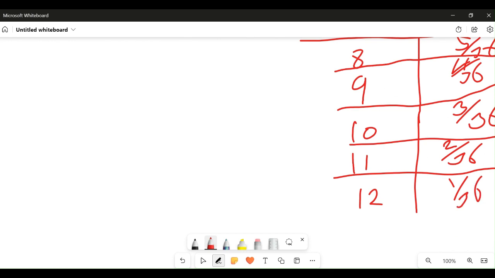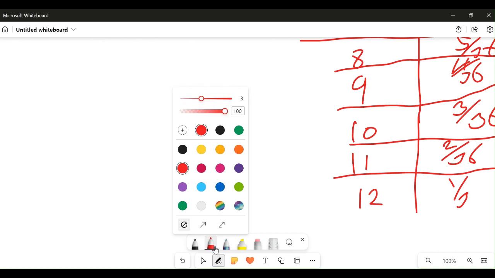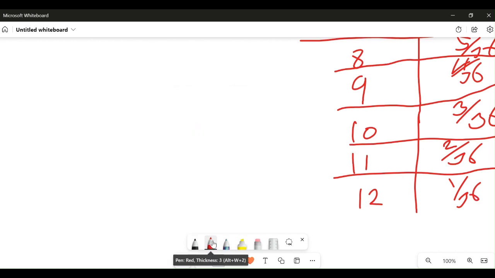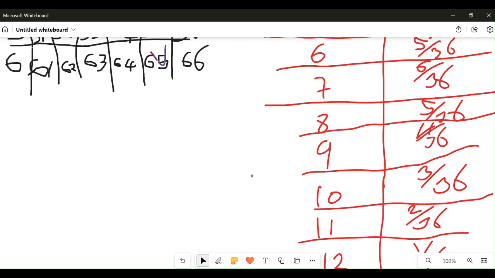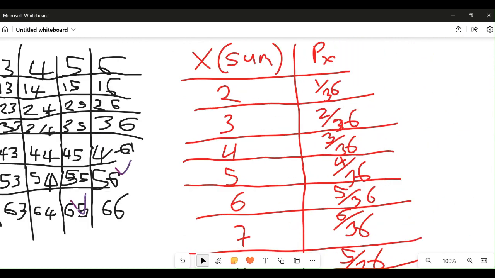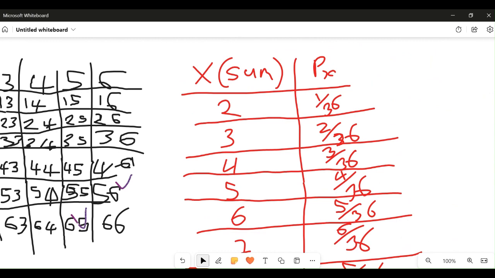Now, the table we form is a probability distribution table. You can go further by putting it all in decimal.